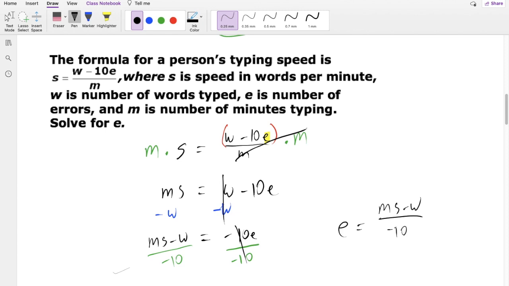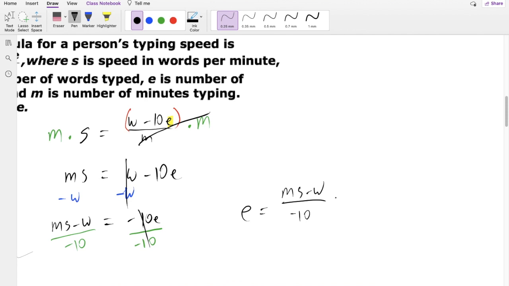Since that negative is in the denominator, we could pull that negative out and say negative (MS minus W) over 10. Notice how the negative is in the same line with this division bar. That's representing that this whole fraction is going to be negative.